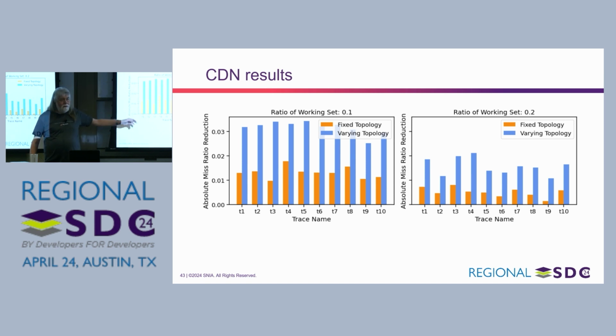And this is some of the actual results from our content delivery network. And you can see that there's about a factor of 3 difference between when we run a fixed topology and when we run a variable topology. This is just one of the easy examples of finding out what we want to find out, showing it graphically.